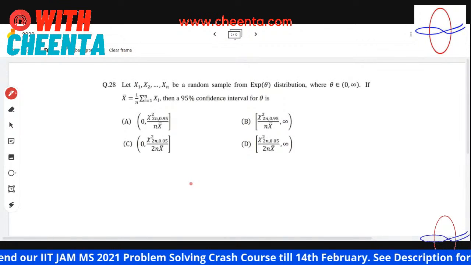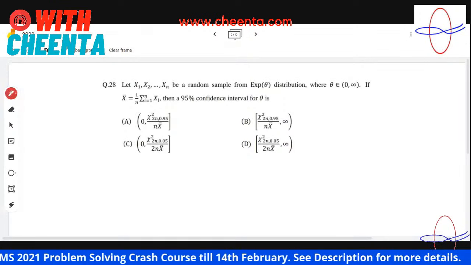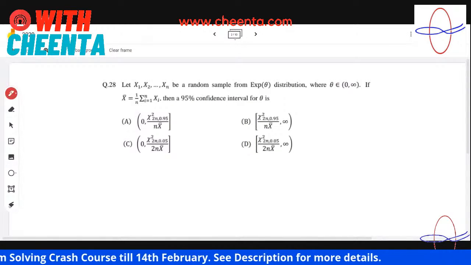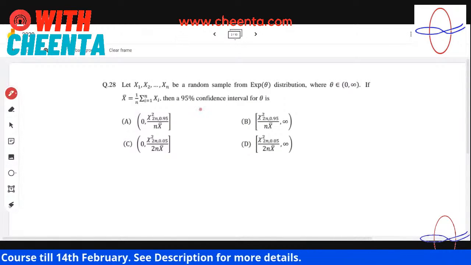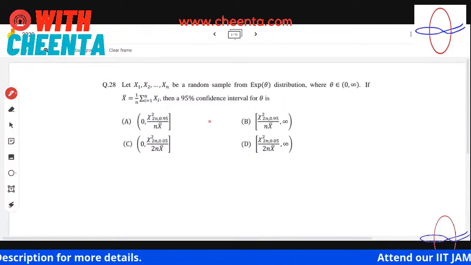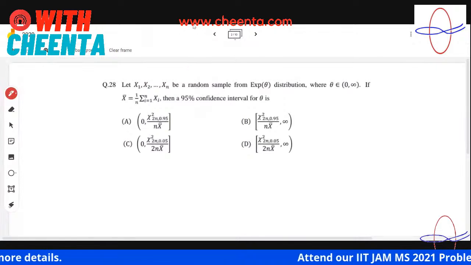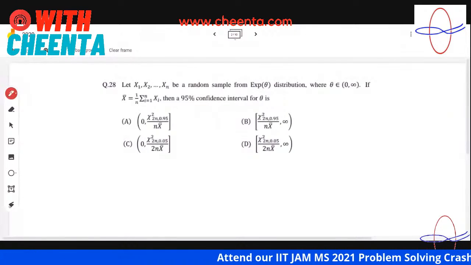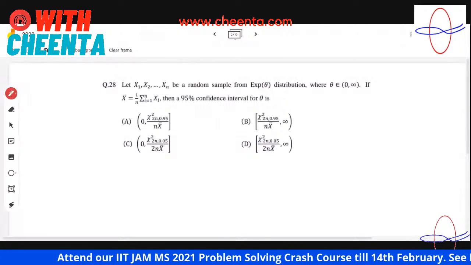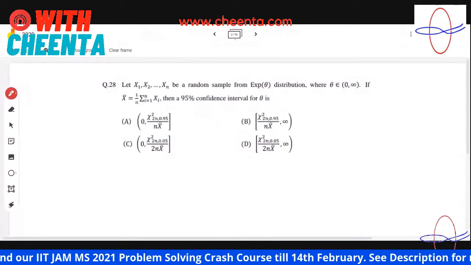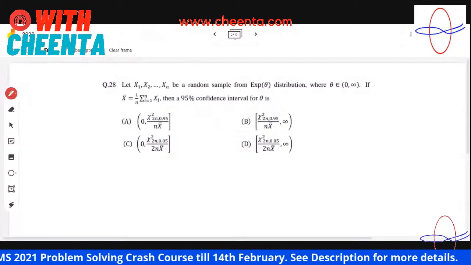For exponential, what is the best estimator in some sense? It's x bar, right? X bar. What do you think?